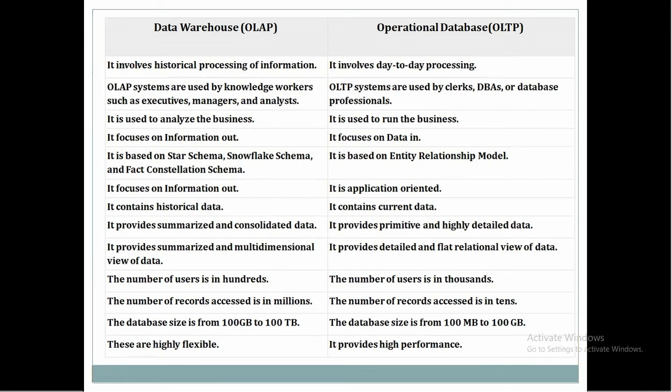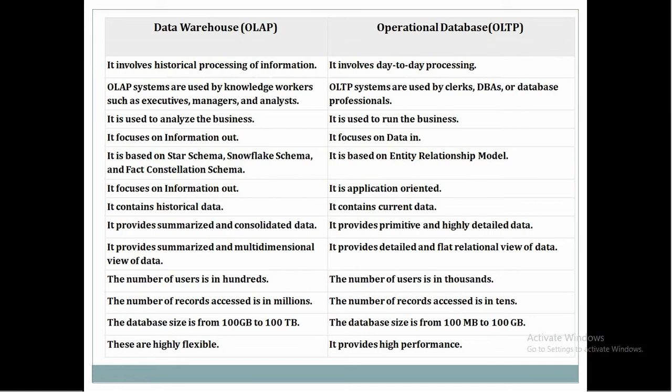Data warehouse focuses on information out and OLTP focuses on data in. Data warehouse is based on star schema, snowflake, etc. OLTP is based on ER model, entity relationship model. Data warehouse focuses on information out and OLTP is application oriented.